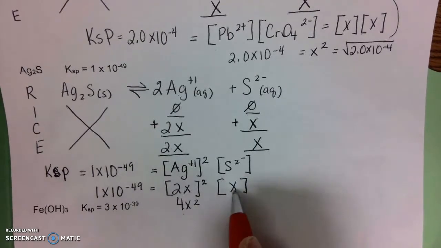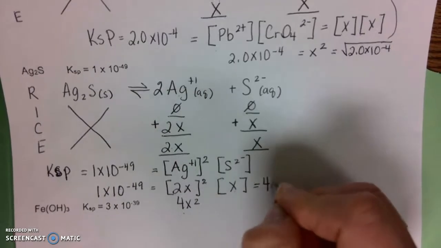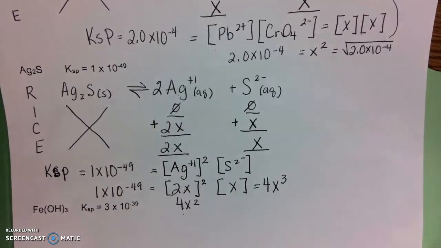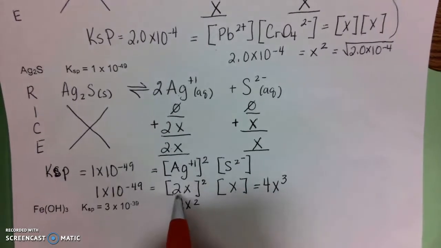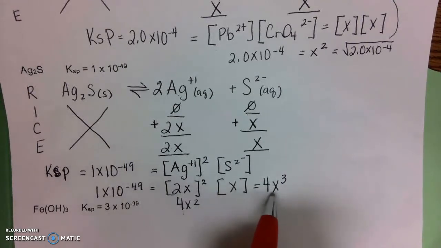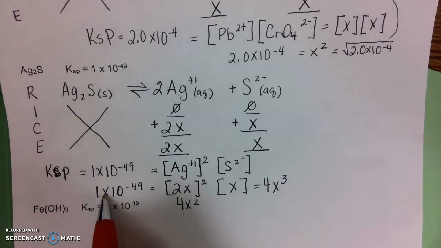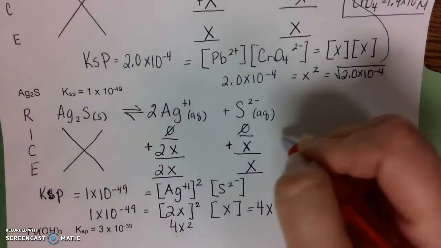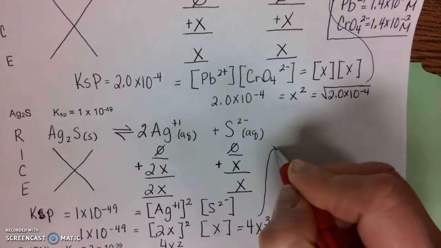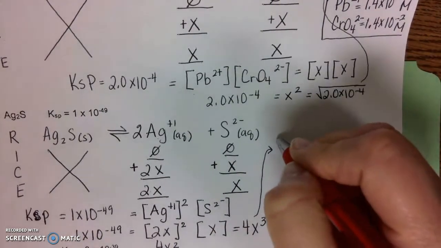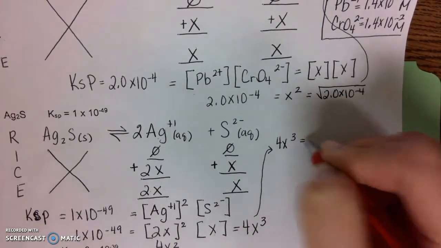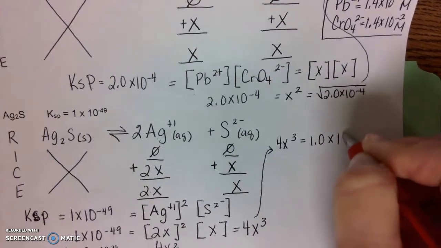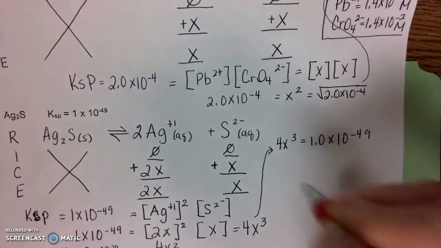4x squared times x is equal to 4x cubed. A little bit of math there. So 2x squared, you get 4x squared, times x is 4x cubed. So 4x cubed is equal to 1 times 10 to the negative 49. So let's draw that math up here. 4x cubed equals 1 times 10 to the negative 49th.